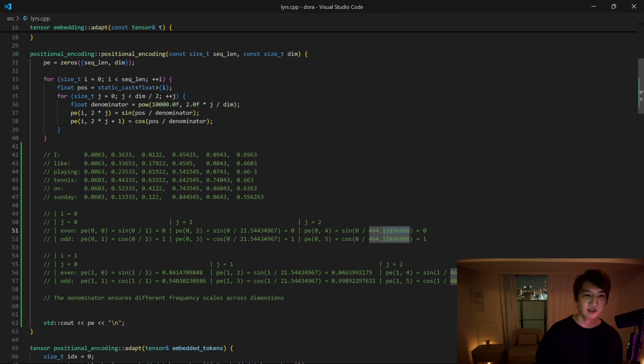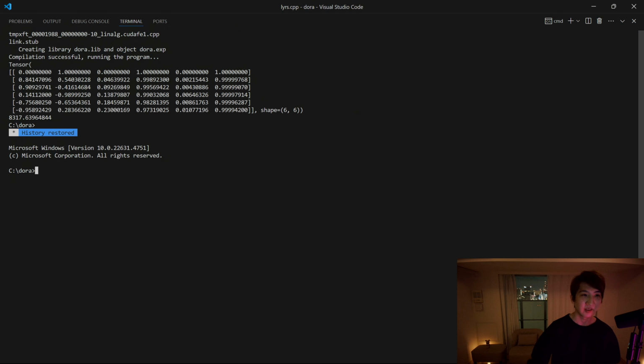For this "I", the vector would be 0, 1, 0, 1, 0, 1. So this is for the word "I".